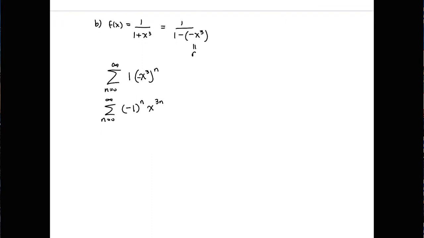If my radius is -x cubed, I set -x cubed less than 1. Then x cubed will be greater than -1, and x cubed is less than 1.